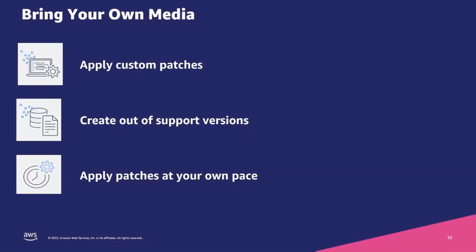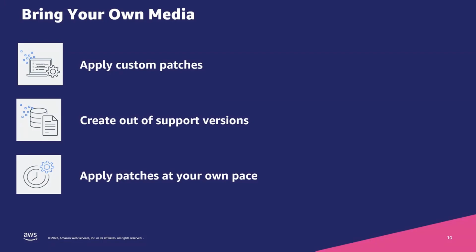Now, your responsibility for media is a key difference between RDS and RDS Custom. Now, in RDS, which is a fully managed service, RDS supplies the AMI and the database software. And the Amazon RDS database software is pre-installed, so you only need to choose a database engine and version and create your database.